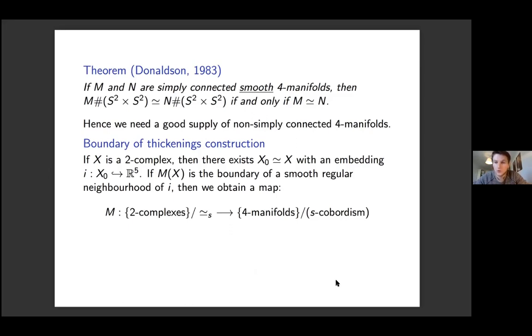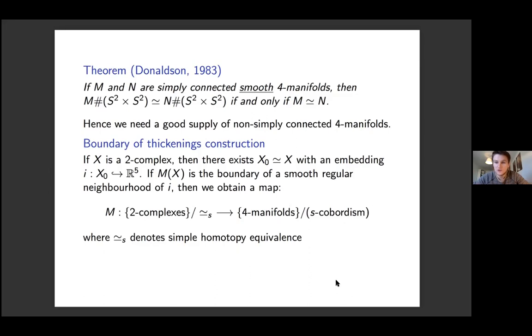So what sort of uniqueness do we have for this construction? It turns out that if you differ the two complex not by a homotopy equivalence but by a simple homotopy equivalence, and I don't really want to get into these details too much, but a simple homotopy equivalence is a homotopy equivalence that can be broken down into certain simple steps, such as taking a thick ball and contracting that, then you just change the corresponding four manifold by an s-cobordism. And s-cobordant manifolds are homotopy equivalent.